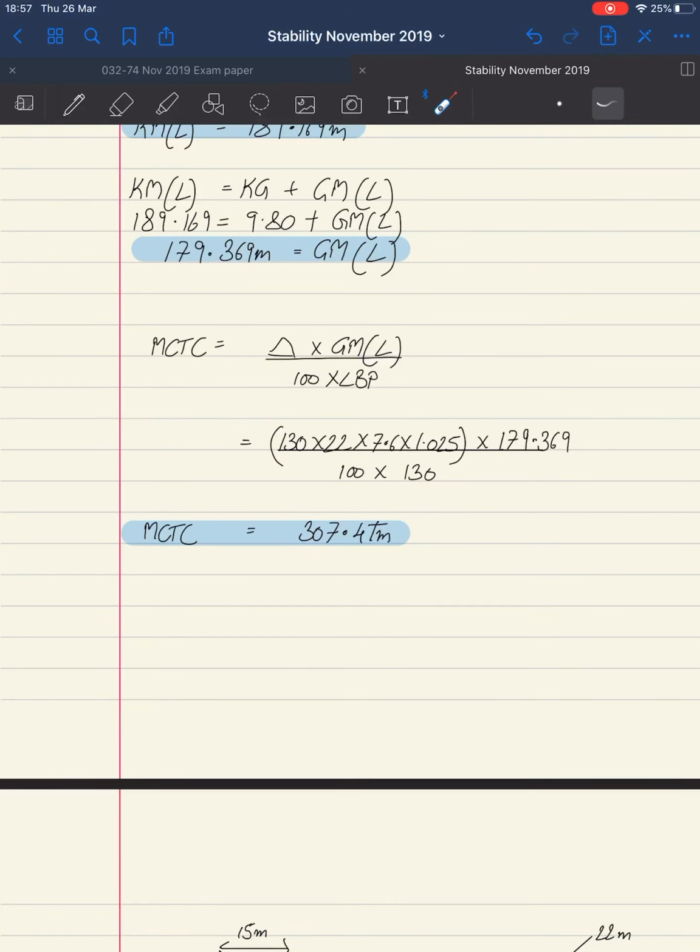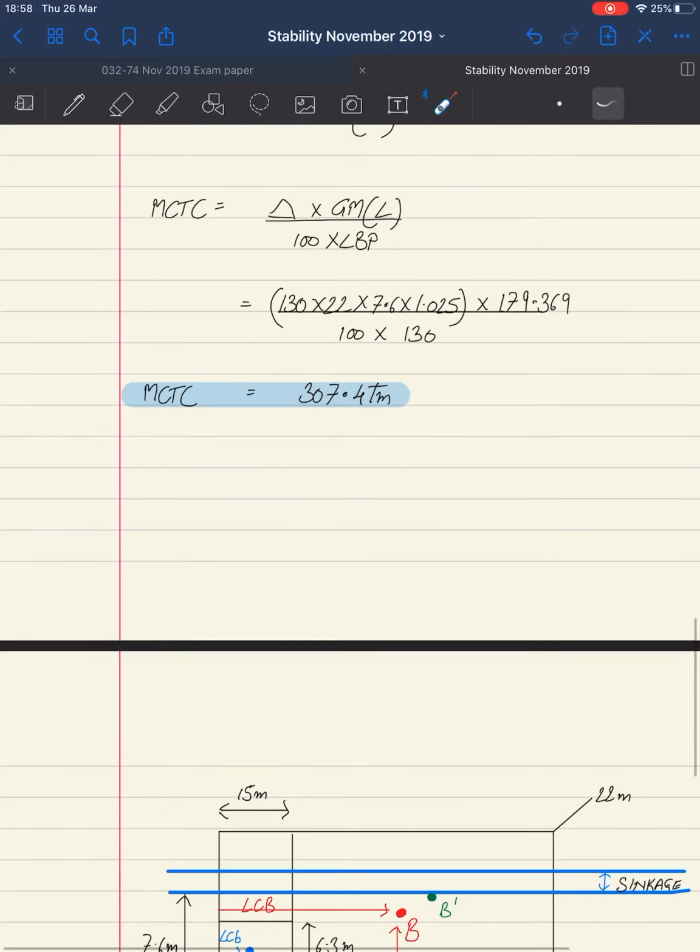Displacement of the vessel is length times breadth times the draft multiplied by the density in which it is floating, times the GM longitudinal, which has come from here, and divided by 100 times the length of the vessel, which is length between the perpendiculars. We have found out the MCTC to be 307.4 tons meter. This is the unit.